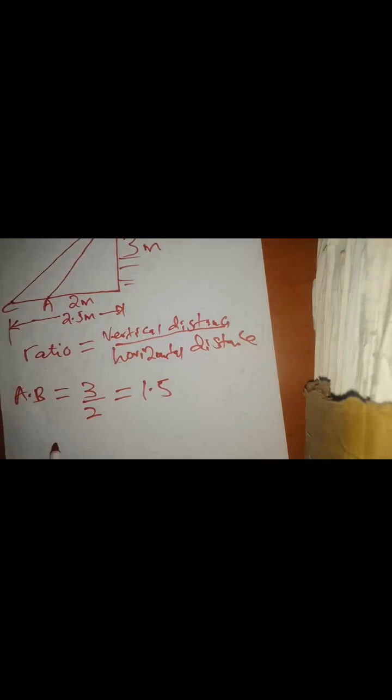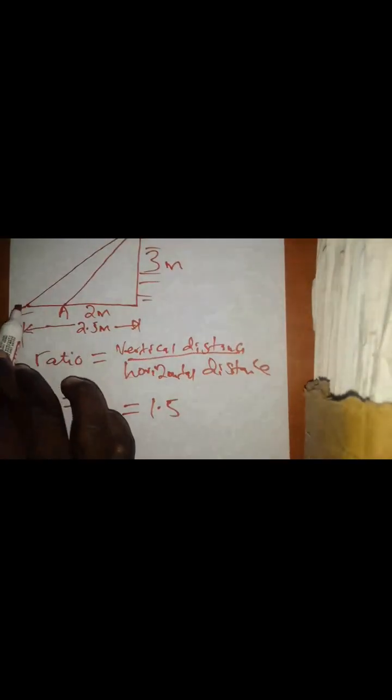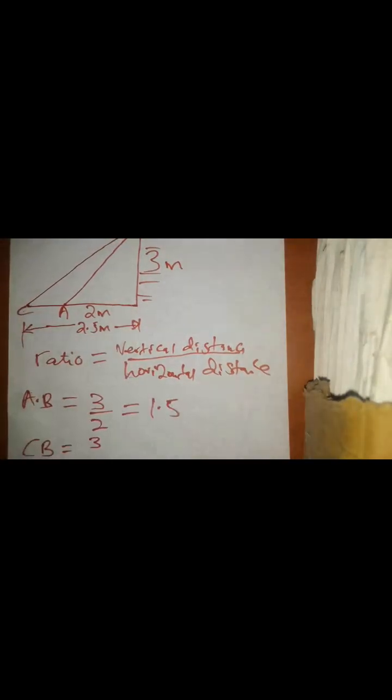And then if he uses ladder CB to climb up the same roof, we shall have our ratio as 3, which is the vertical height, and then the distance from point C to the wall, which is in this case 2.5 meters.